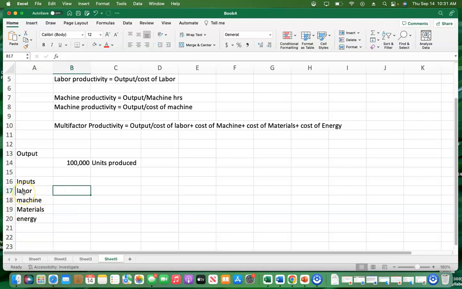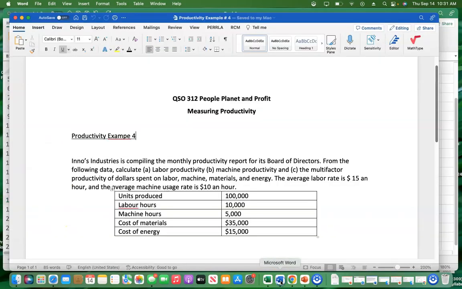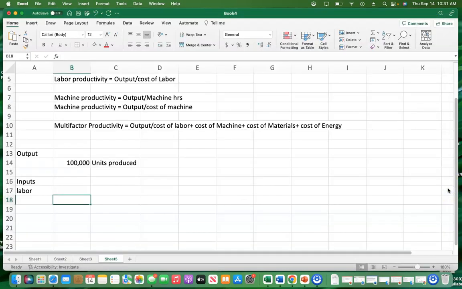But before we add all this, let me remove them. So we have first labor, and we have labor hours. Let's see how many hours of labor we have. We have 10,000 labor hours. And so I'm going to write here 10,000 labor hours.